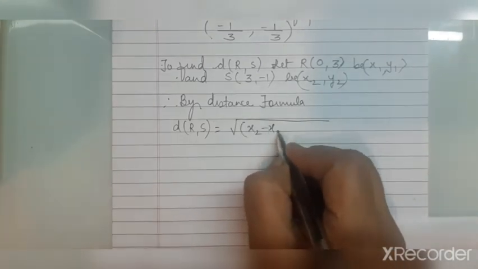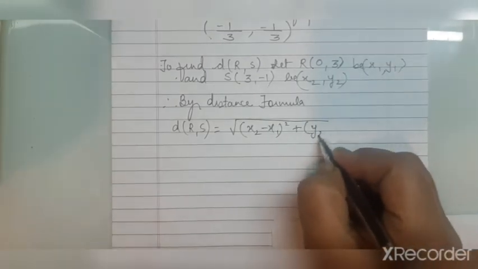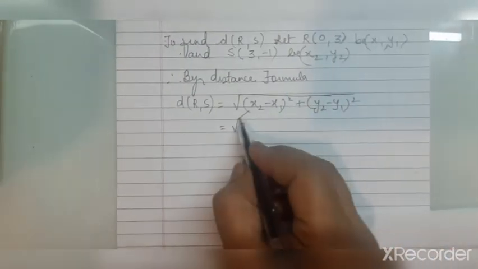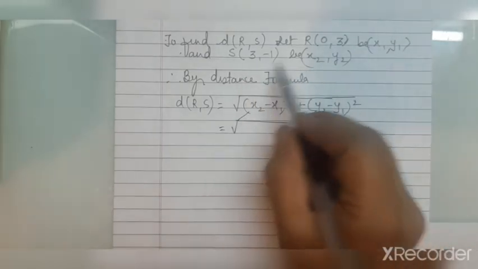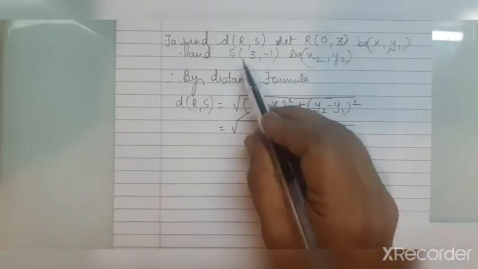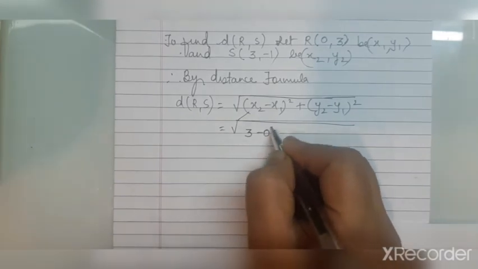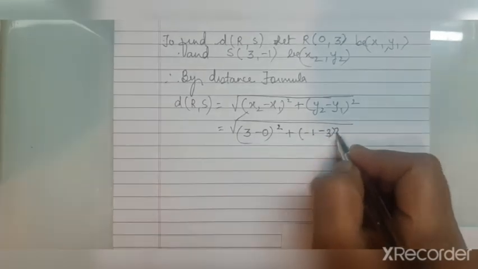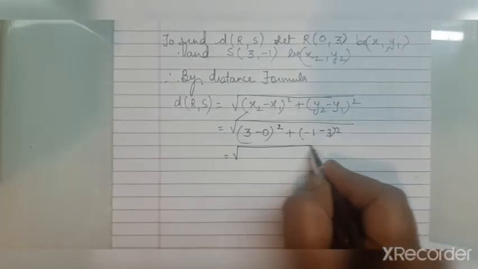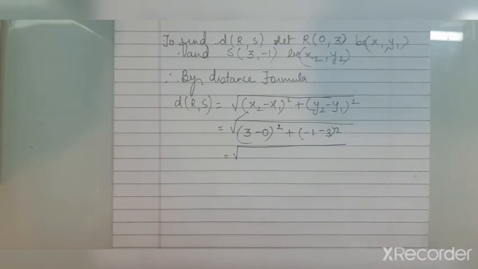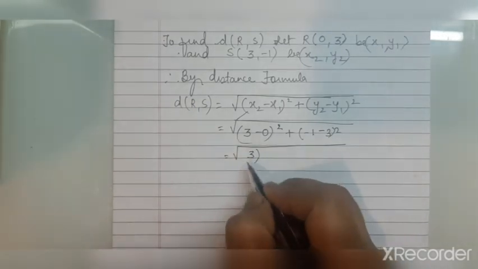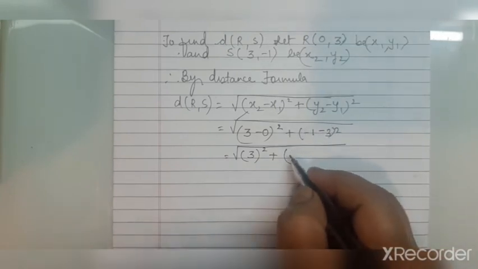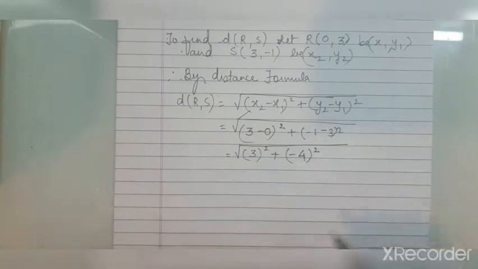So x2 minus x1 the whole square plus y2 minus y1 the whole square, which is equal to, here these are the 2 points. x2 is 3 minus 0 the whole square plus minus 1 minus 3 the whole square, which is equal to 3 minus 0 is 3 square plus, signs are same, write the same sign, that is minus, and add. 3 plus 1 is 4.